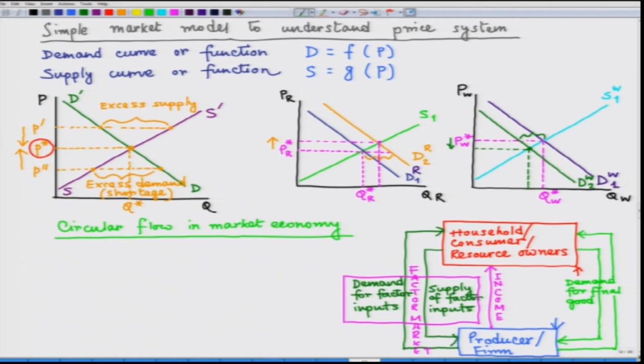So, this will be the supply of final consumption goods. Now, the income which goes to the household from the producer or farm box comes back to the farm again, and this is through the expenditure route.